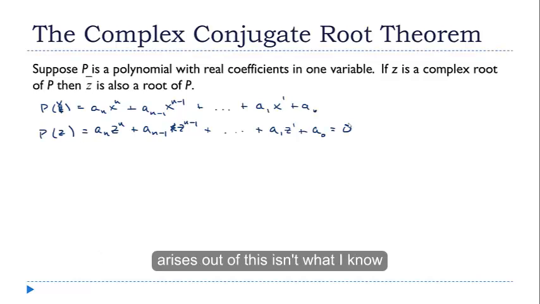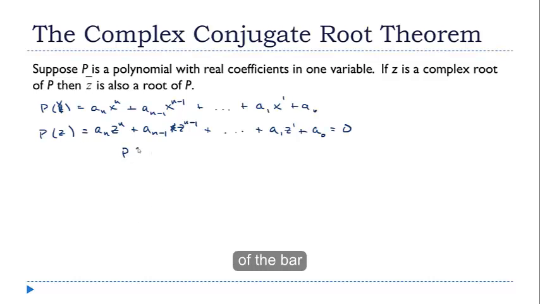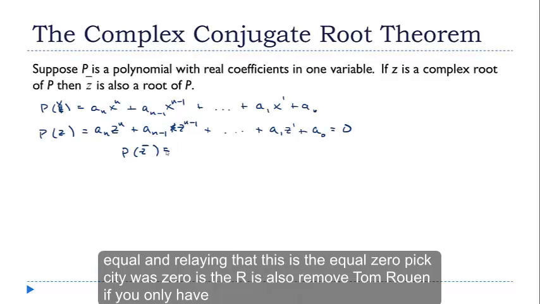That's what it means for something to be the root of a polynomial. So far this is just what I know, right? This is what I've been told to start with. What I want to know is, what does P of Z bar equal? I'm hoping that this is going to equal 0, because if it equals 0, then Z bar is also a root of the polynomial. Well, let's see what we have here.